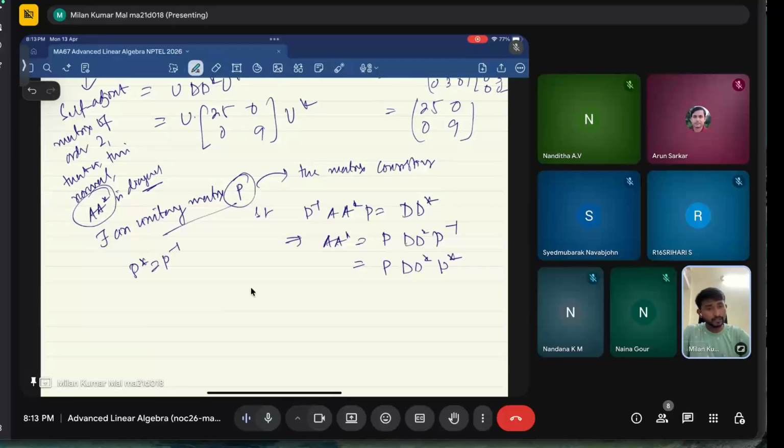Whenever a matrix is diagonalizable, by definition you have a basis consisting of eigenvectors.